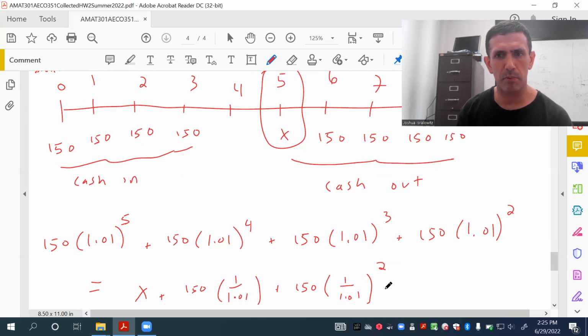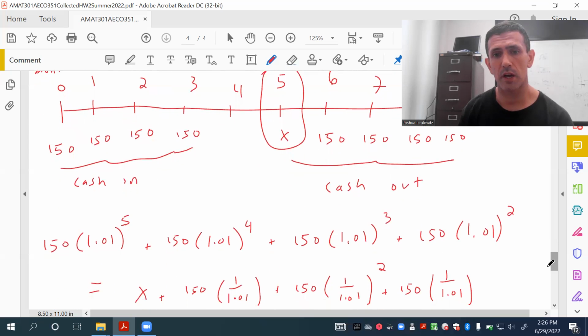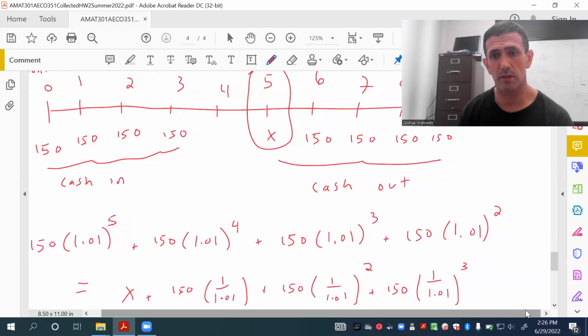And again, even if you don't want to do it this way, and want to take the accumulated value or the present value of everything, it's very important to understand the concept of discounting. You just have to understand that for this course. So we're going to discount the T equals 8 loan payment by 3 periods. And last but not least, 150 times 1 over 1.01 to the 4th.